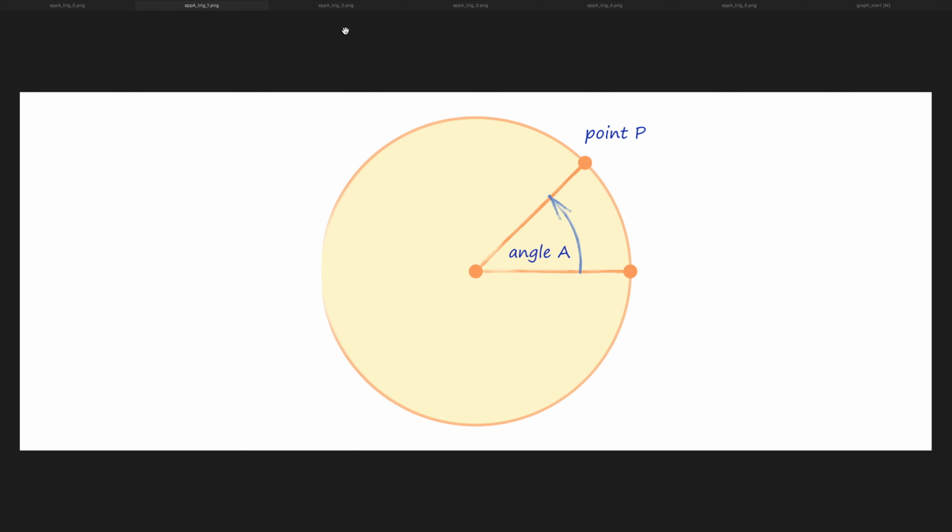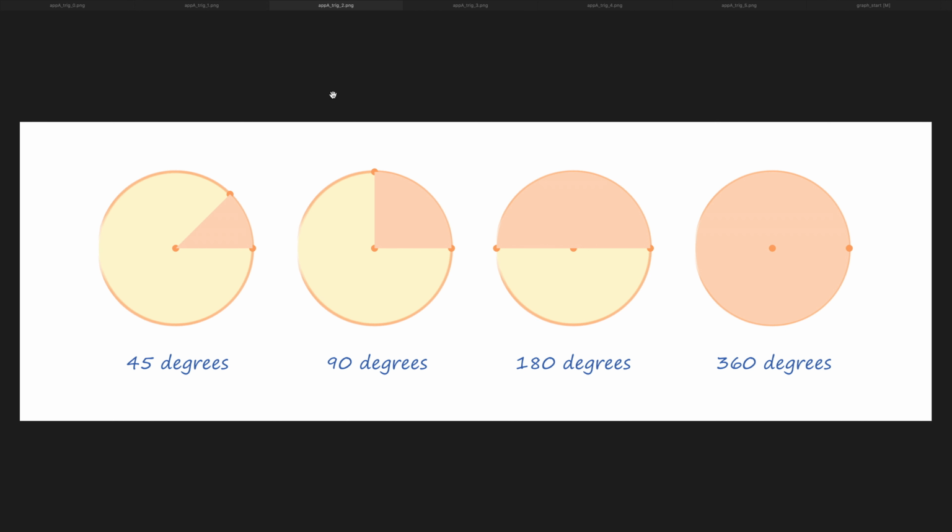Let's see if we can find a picture to describe them. There you go. So, angles can be described in terms of degrees. You might come across something called radians, and mathematicians like working with radians because it makes their equations simpler. But for us, degrees is fine. Degrees is easy for us, we're familiar with it.